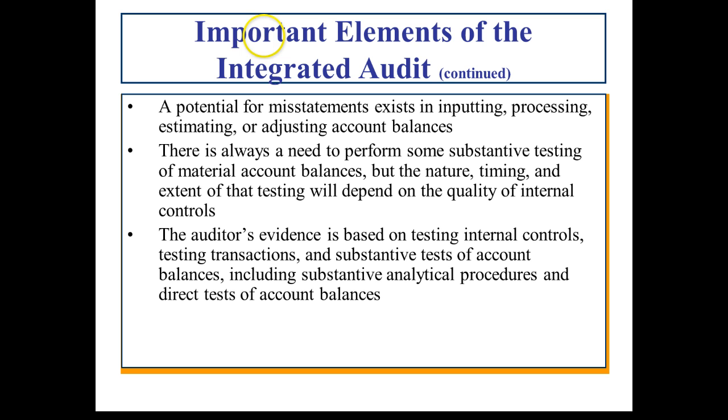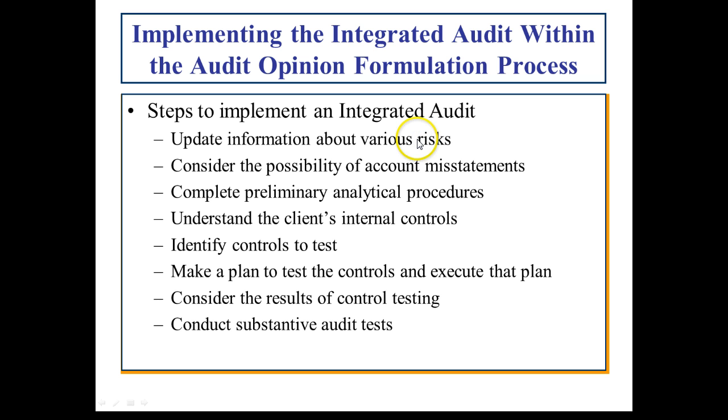The auditor's evidence is going to be based on testing internal controls, testing transactions, doing some substantive testing on account balances, and doing some analytical procedures. So we're going to do all kinds of testing, but we're going to gain an overall understanding initially of internal controls to then decide how we need to further develop our testing, our audit.